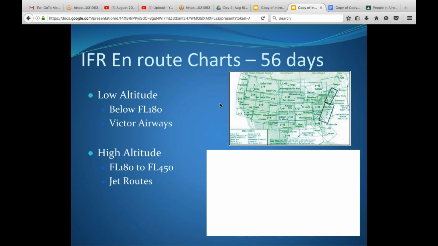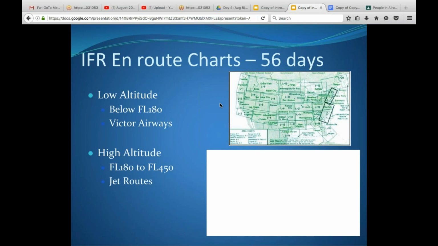And then high altitude, everything 18,000 feet to 45,000. So this is where 90% of all of your traffic is going to be. And like I said before, this is your higher speed. This is going to be your commercial airlines, cargo, military aircraft, everything in between.